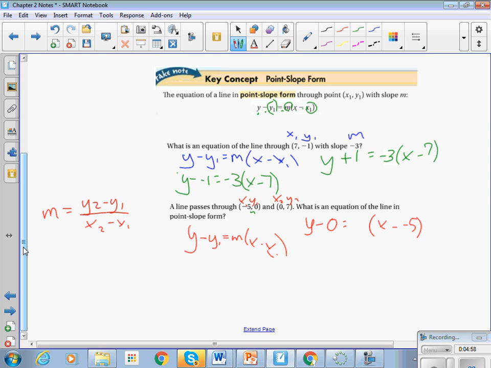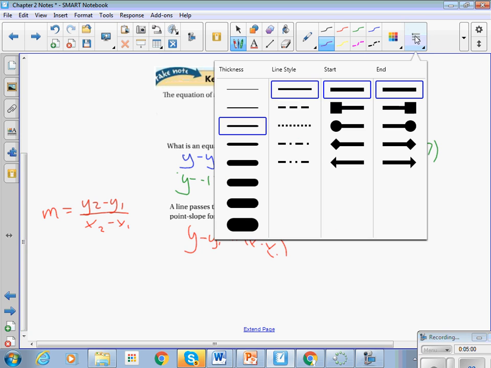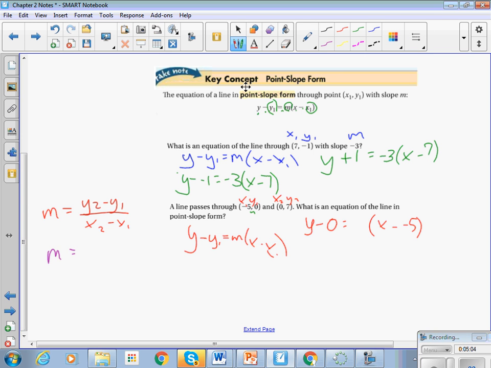So for this problem, y2 is 7, y1 is 0, x2 is 0, x1 is negative 5. Our slope is 7 over 5.